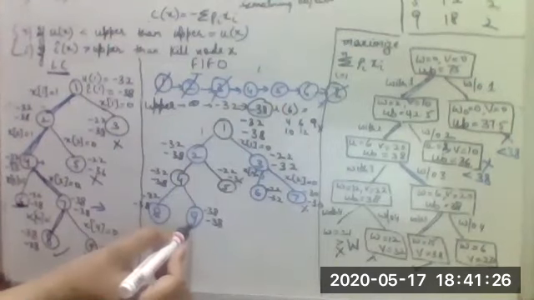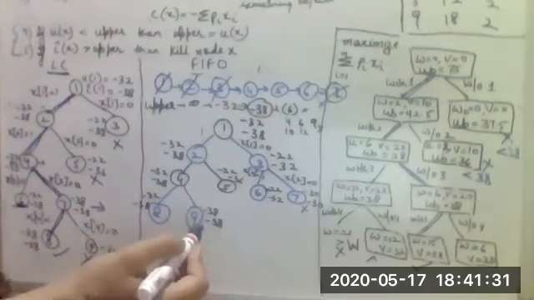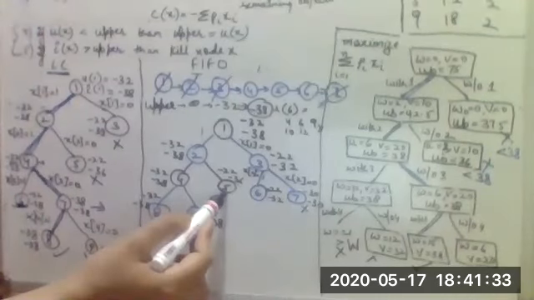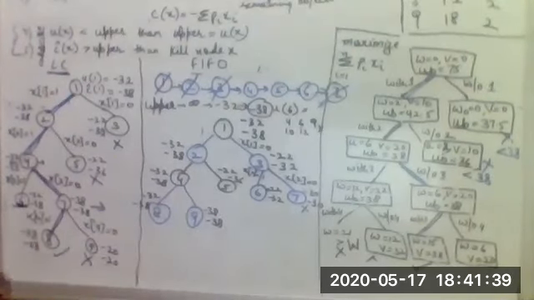So this is done. After this, we have our fifth node. At the fifth node, the value of the C cap function is greater than your upper value.